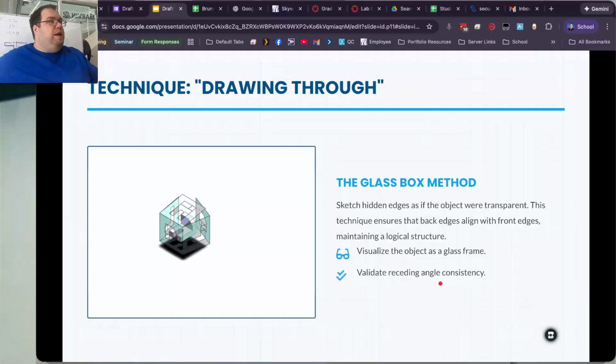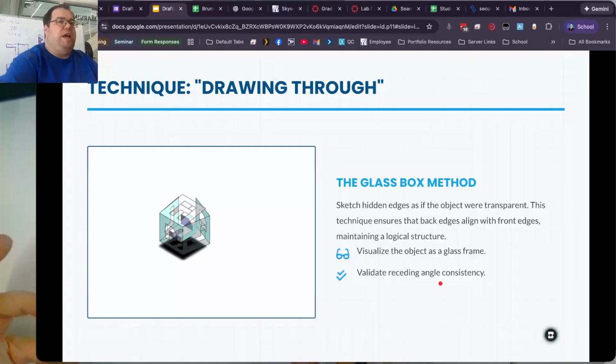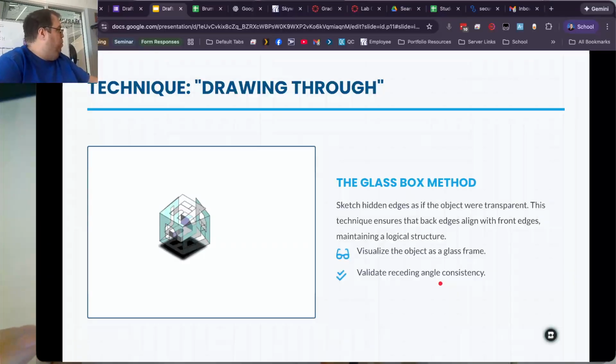One of the ways you can help with that is what's called the glass box method. So it's kind of a small picture. I should have zoomed that in. But what we have here is a three-dimensional shape sitting inside of a transparent cube. Looking through the sides of this cube, you have the different views of a shape. We're going to talk about this quite a bit later when we start doing orthographic projections.